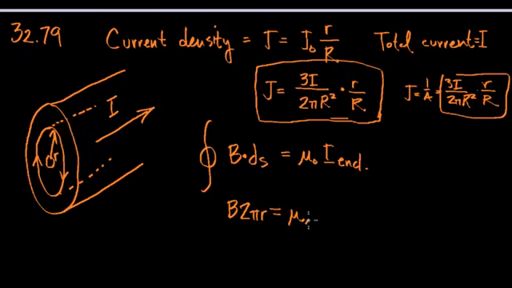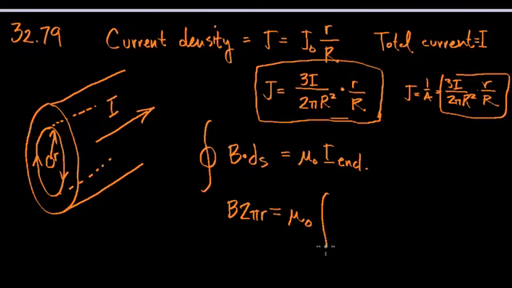And so then this is mu sub naught, and remember that this is the current density at a single tiny slice of a radius, dr. So we need to sum all the way up from 0 to little r, all the little slices of the current in order to figure out what the current is inside of that little chunk.